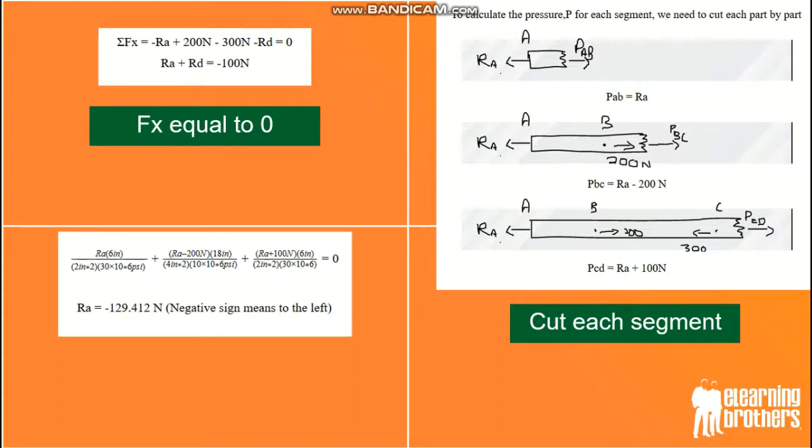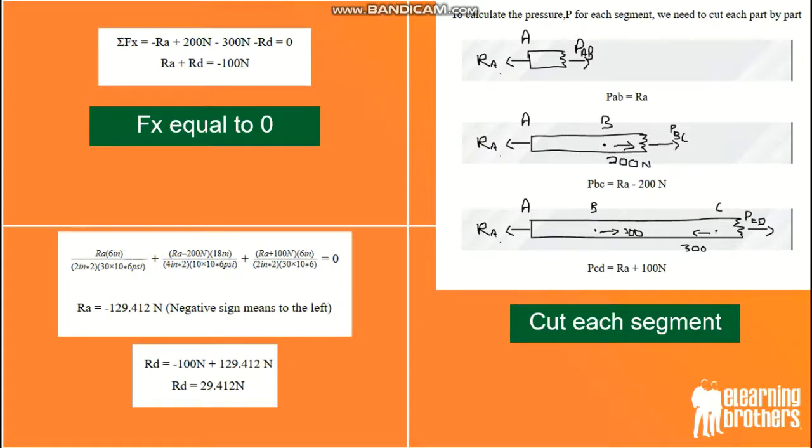It is fixed, so that's why. Alright, so we get RA equal to negative 129. It is negative because the force is to the left, and RD we get 29.412 because it is positive. So this is proof that the bar will stick and does not move, just stay up there with this kind of force.